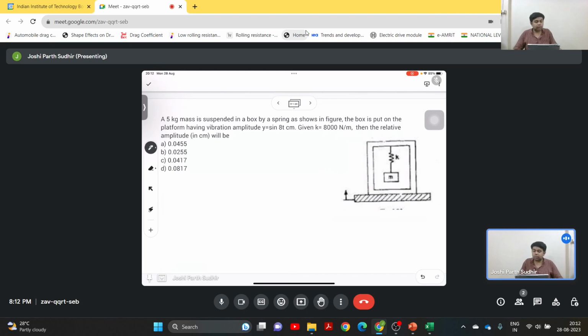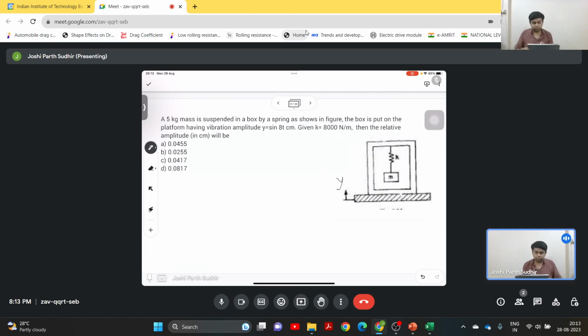It is given that a 5 kg mass is suspended in a box by a spring, as shown in the figure. The box is put on a platform having a vibration with amplitude y equal to sine of 8t.